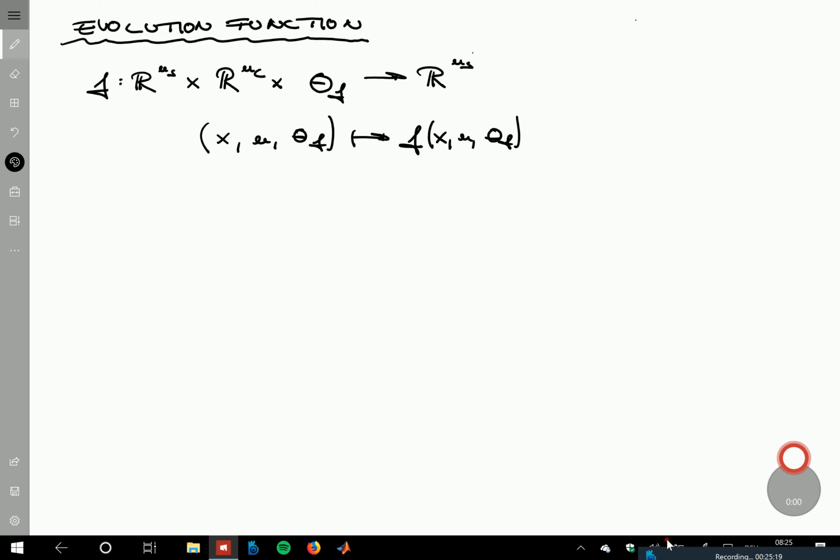In fact, what you find is that it consists of NR functions that are all really similar. So they are actually the same functions.